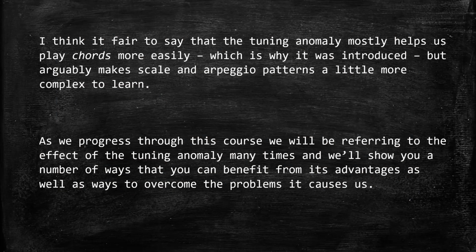I think it's fair to say that the tuning anomaly mostly helps us play chords more easily, which is why it was introduced, but arguably makes scale and arpeggio patterns a little more complex to learn. As we progress through this course, we will be referring to the effects of the tuning anomaly many times, and we'll show you a number of ways that you can benefit from its advantages, as well as ways to overcome the problems it causes us.